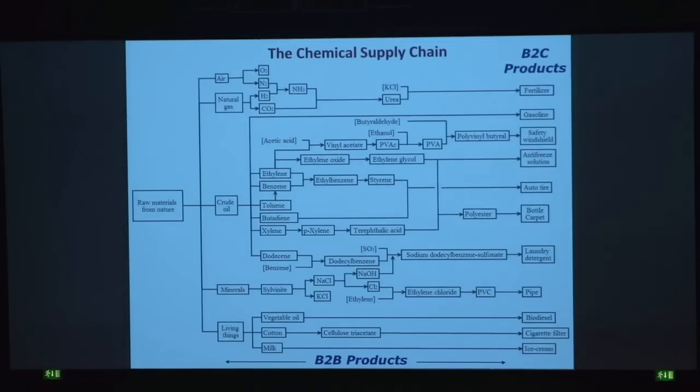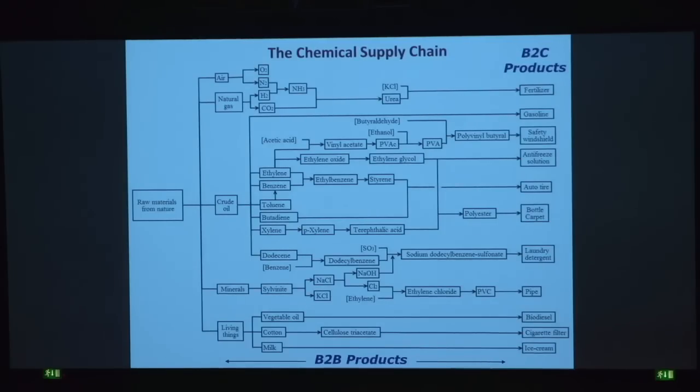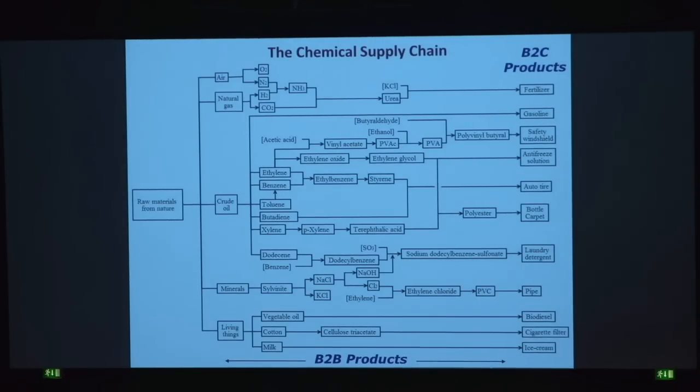An example is paraxylene in the middle, and terephthalic acid to polyester. But there are many products that are also B2C products, where the consumers have a large say in what the products should be.